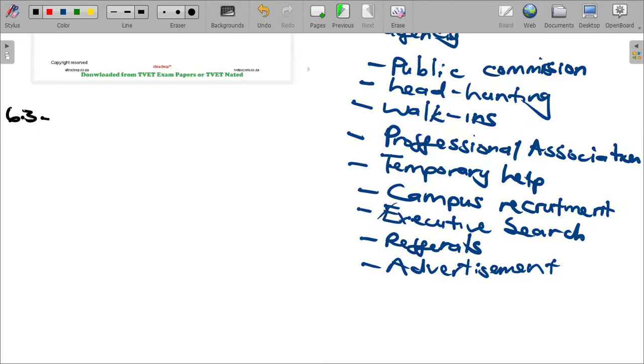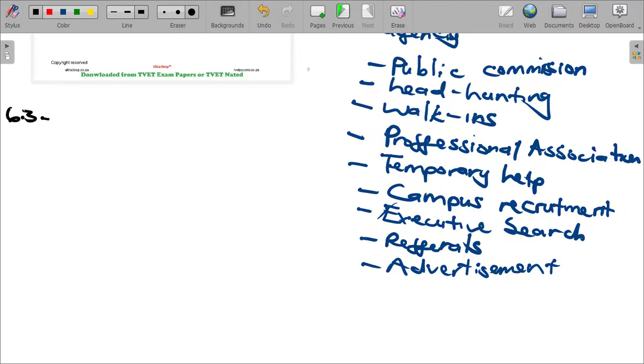So campus recruitment is when the employers visit the campus of the TVET colleges or university. They will interview the candidates that will be in the final year.